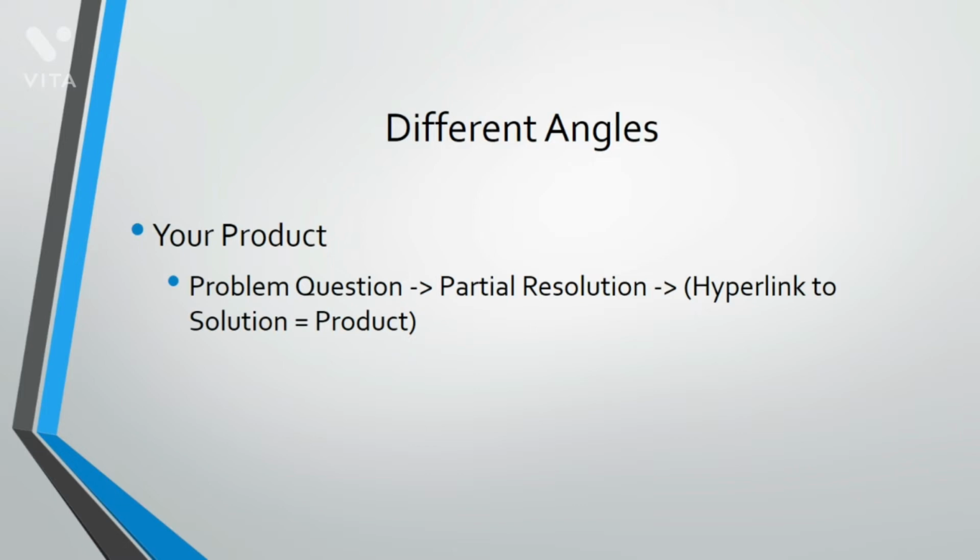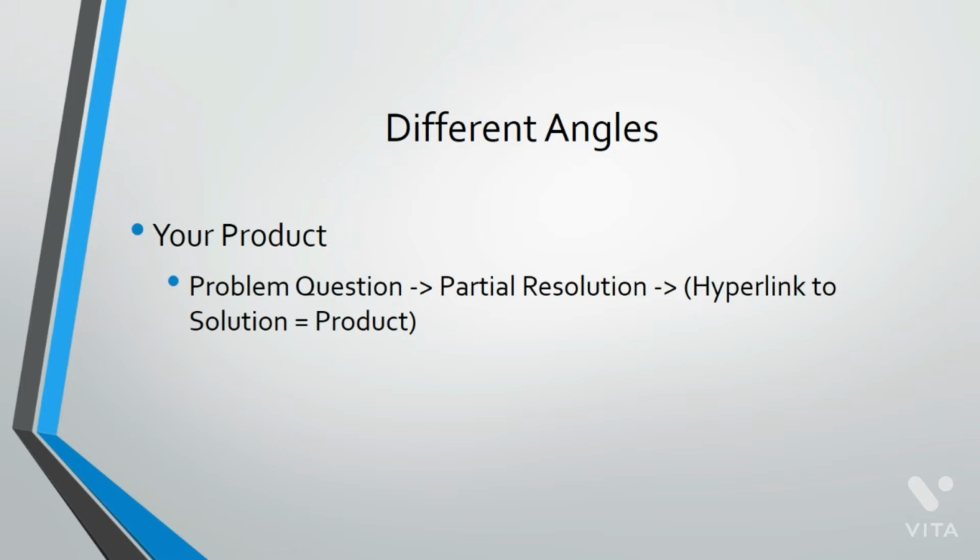And then you want to provide a partial solution. You don't want to provide the whole solution. The whole solution will be them actually buying your product. And then, of course, you want to get your hyperlinks, and your hyperlink is going to link to your actual product, your website, your list building, your squeeze page, your landing page, whatever that might be at the end of the goal.